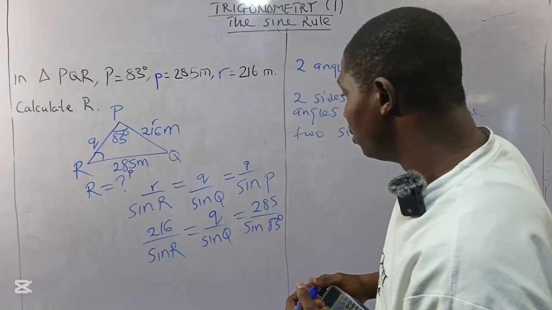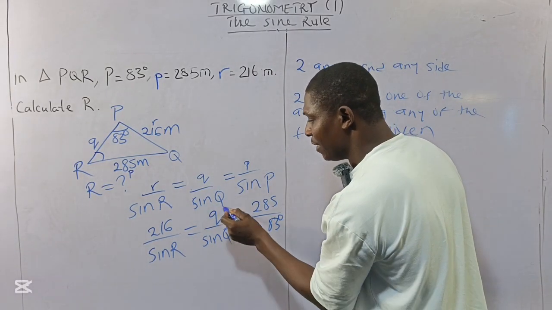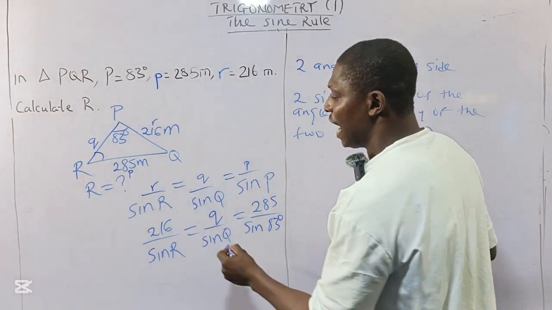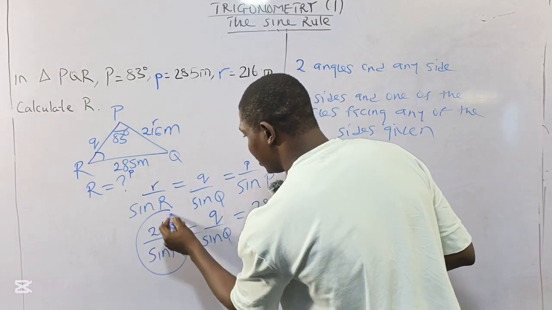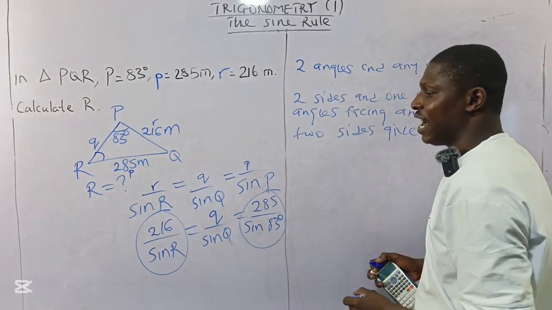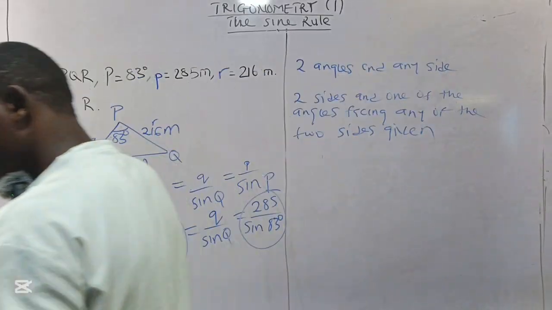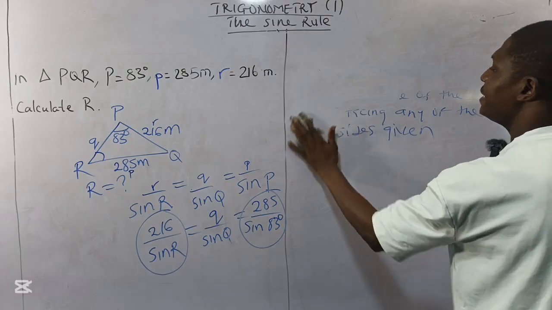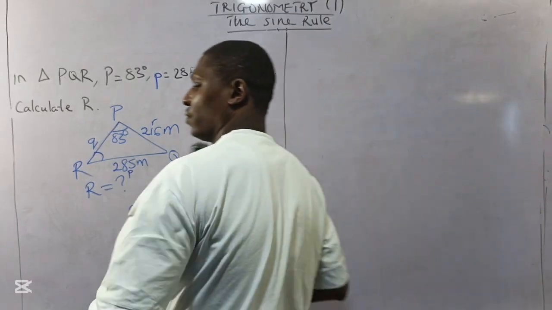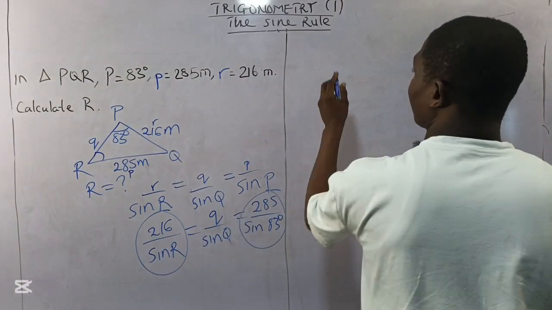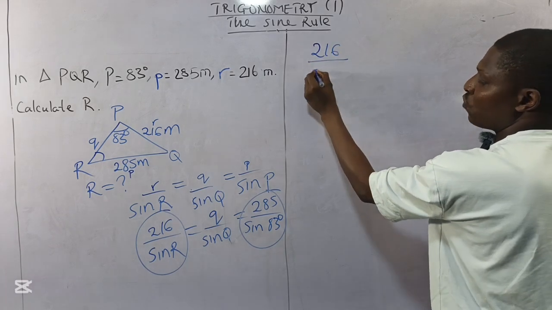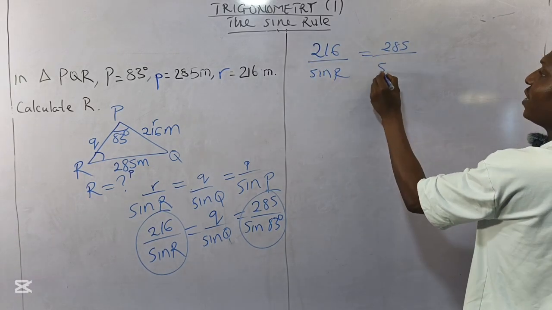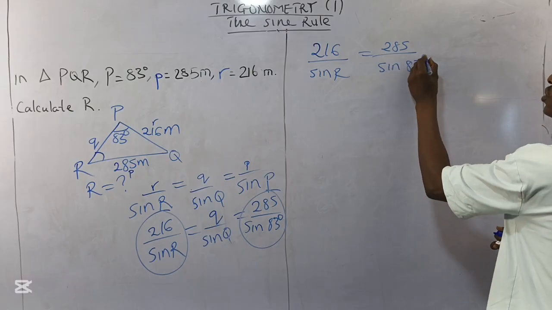Remember, since I can't handle two unknowns at the same time, combining this with either of the other two fractions, I will solve straight using this and this. I will equate them together and I'll have 216 over sine capital R equals 285 over sine 83 degrees.